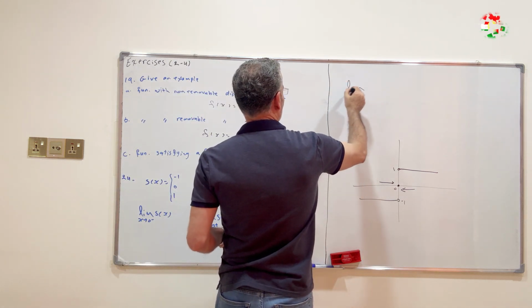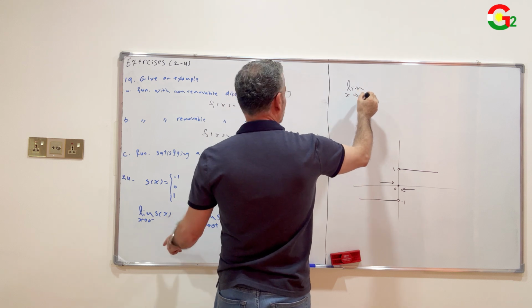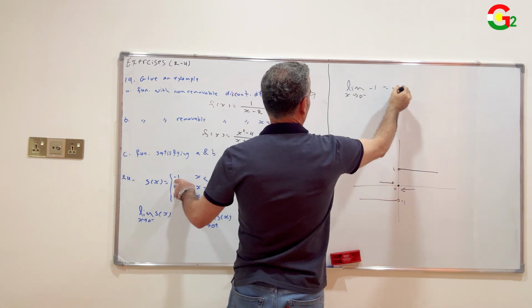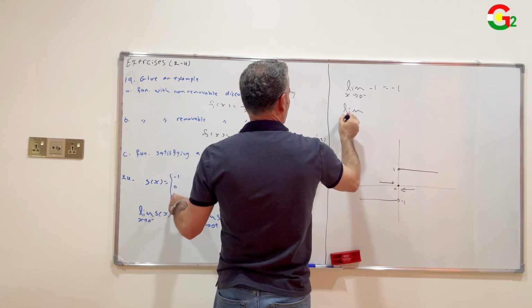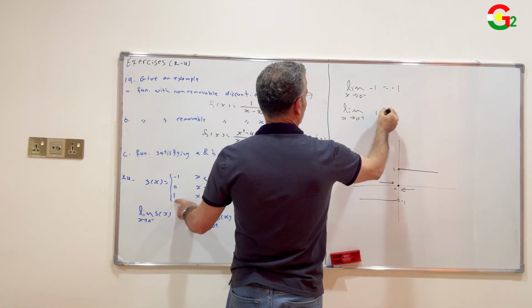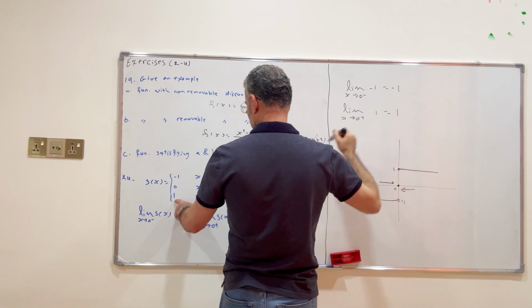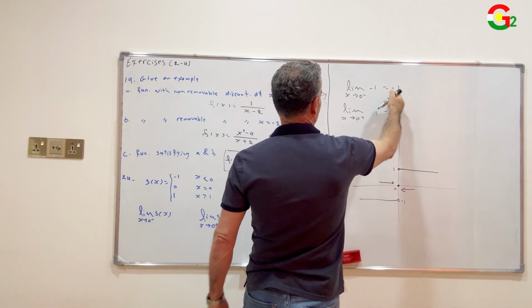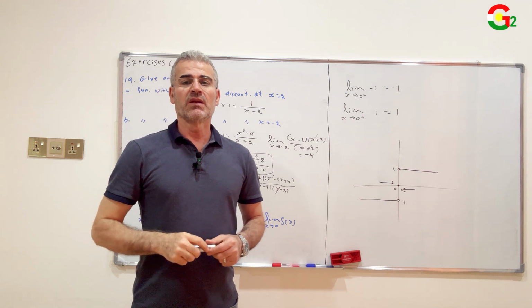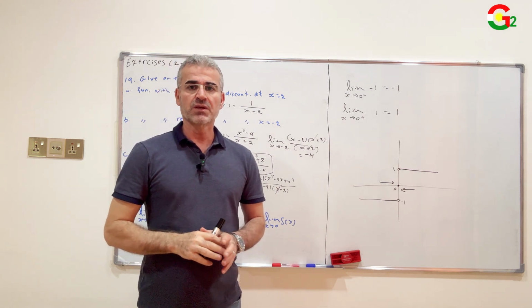Mathematically, the limit as x approaches 0 from the left is -1. The limit as x approaches 0 from the right is 1. Since the limit from the left is not equal to the limit from the right, the limit does not exist. See you next lesson.